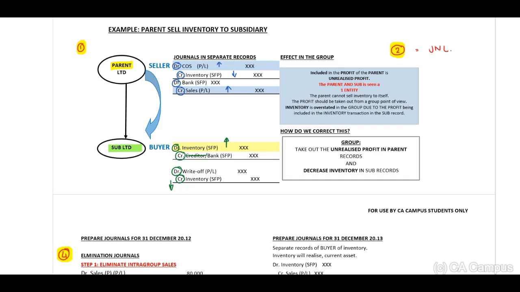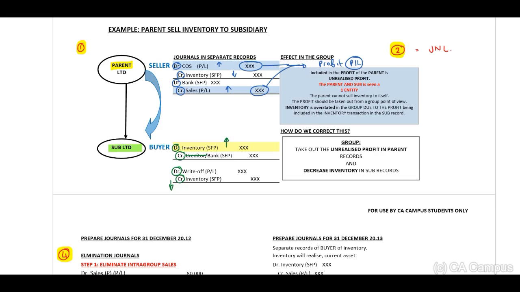Now, if you think about this, what will the effect on our group be? From the seller's point of view, the seller will recognize a profit. If you think about your trial balance, the seller will recognize a profit in profit and loss, which is unrealized. Remember, the parent and the sub is seen as one entity.